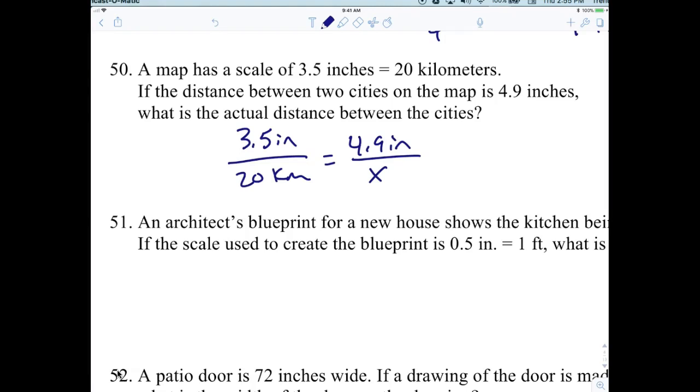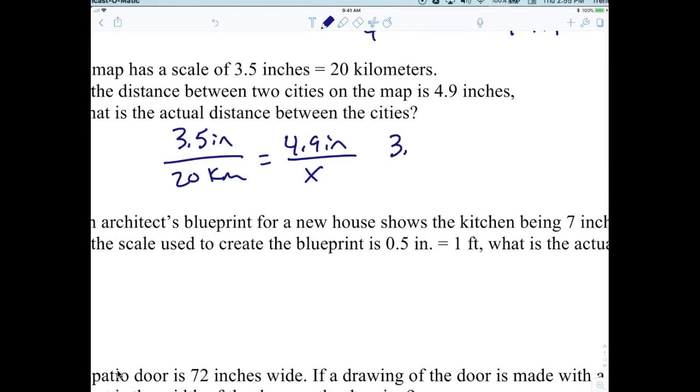It's 90. I got you. All right, so here we go, guys. Just to make sure, 3.5x equals, now what's 4.9 times 20? I got 98. 98, right? And then I have to do what? Divide. Tell me, Justin. Divide by the 3.5. Yes, sir, divide by the 3.5. 28.